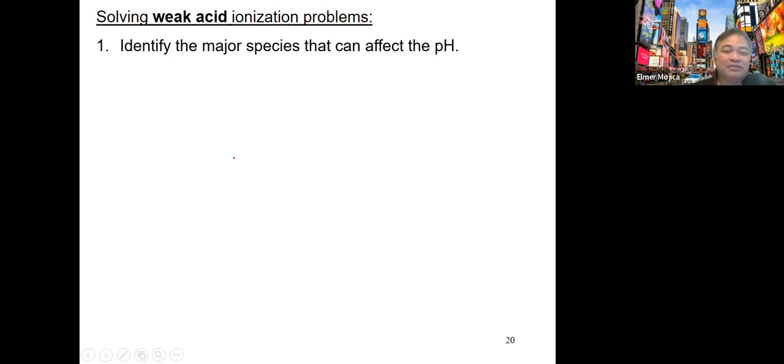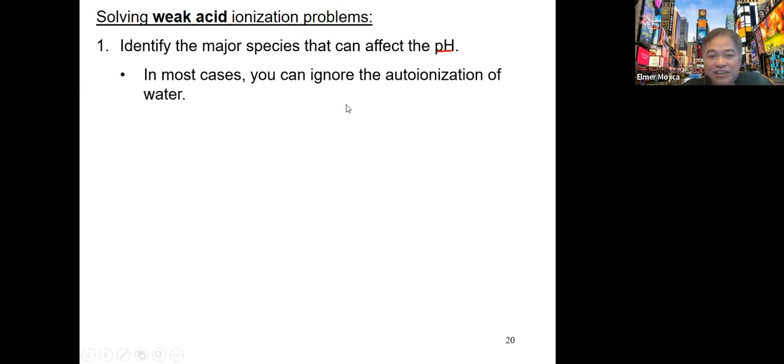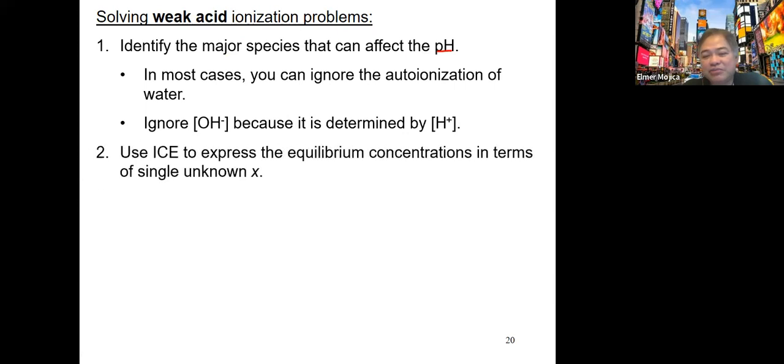So you have to identify the major species that affect the pH, usually whatever is the given weak acid or weak base. In most cases, you can ignore the autoionization of water. You ignore the hydroxide because it is determined by the H plus. Then you use the ICE table to express the equilibrium concentrations in terms of a single unknown X, which is what we did.